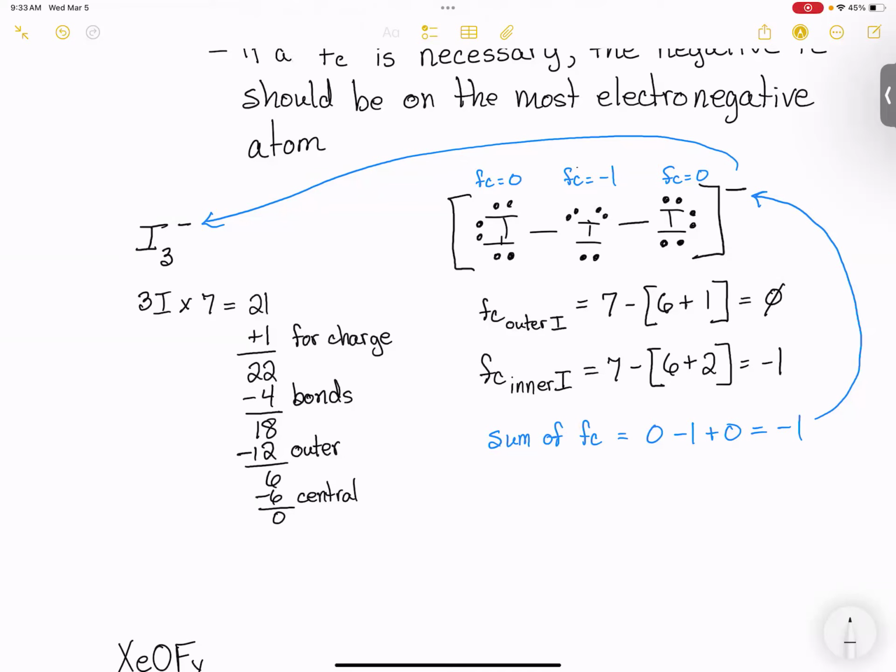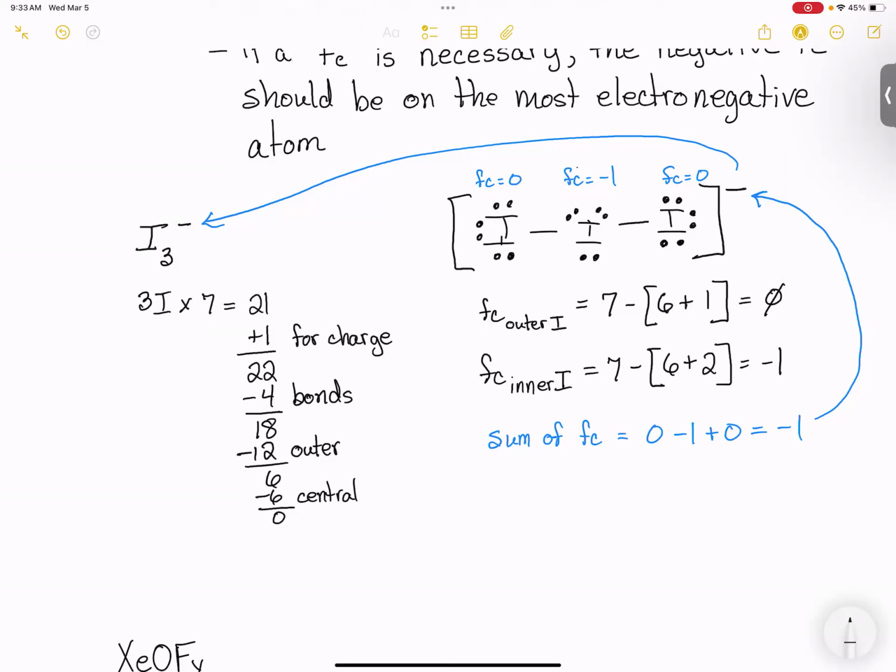When you hit 0, that is when you ask, does everybody have an octet? The external atoms do have an octet because they had 8 valence electrons, 6 in the lone pairs and 2 in the bond. Our central atom, however, has 10 valence electrons, 4 within the bonds and 6 within the lone pairs. We then asked ourselves, is that an acceptable thing to do?